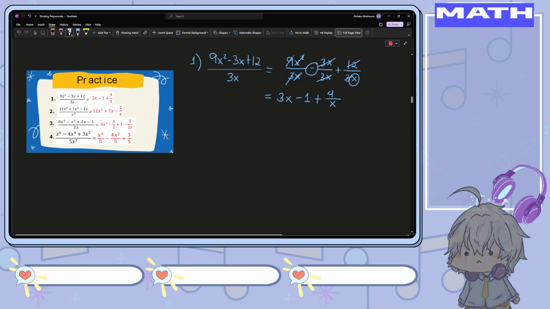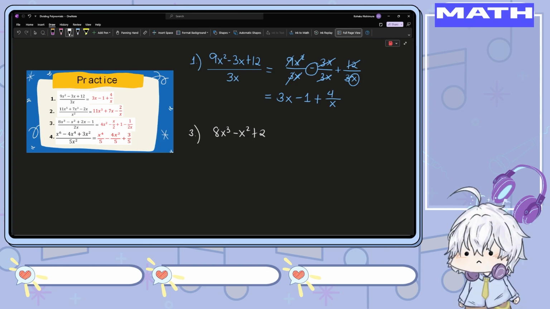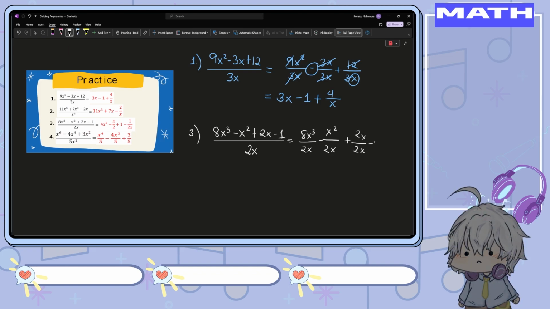Third example. We have 8x cubed minus x squared plus 2x minus 1 all over 2x. If we do so, 8x cubed over 2x minus x squared over 2x plus 2x over 2x minus 1 over 2x.